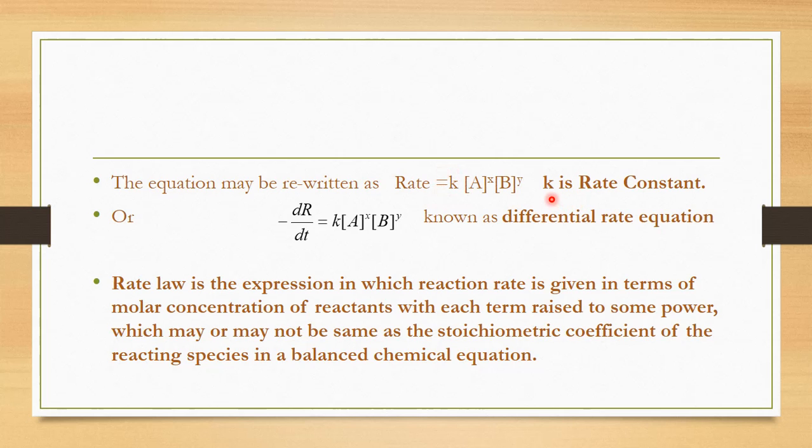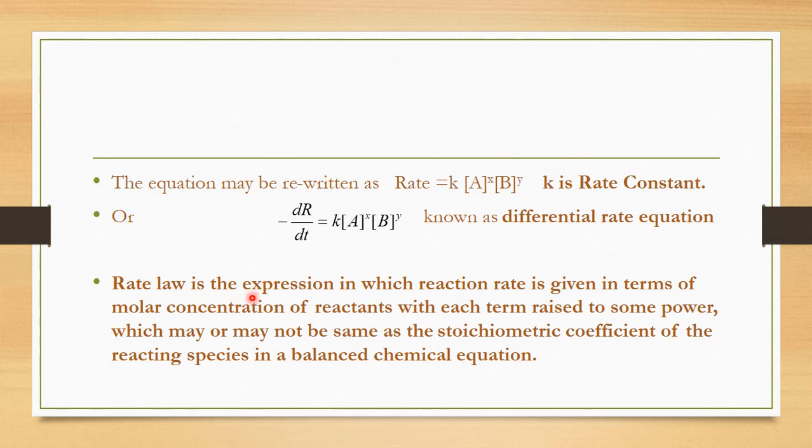This k is the constant of proportionality, known as the rate constant. The equation may also be written as minus dR by dt is equal to k [A]^x [B]^y. This form is called the differential rate equation.